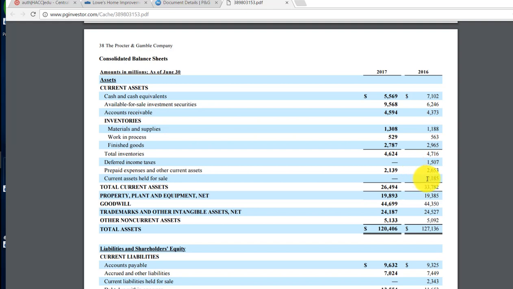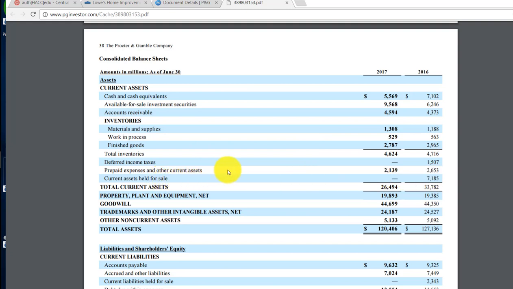Therefore, on the year-end balance sheet for 2016, all the assets that are going to go away with the sale of the business segment are listed but separated. So instead of being in with materials and inventory and other assets, all of them are on one line item, and we refer to them as held for sale.